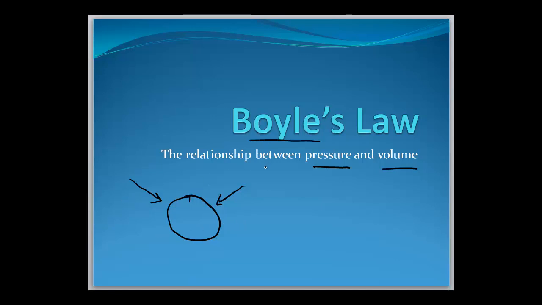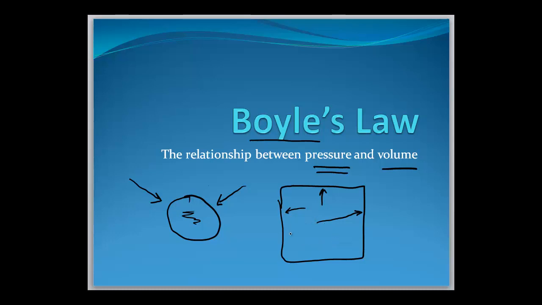The one thing I do want to emphasize before we get started is the idea of pressure on the inside of the system and on the outside of the system. First of all, on the inside of the system, pressure is caused by the gas molecules hitting the sides of the containers. If those gas molecules hit the side of the container more often or with greater force, you're going to increase the pressure.